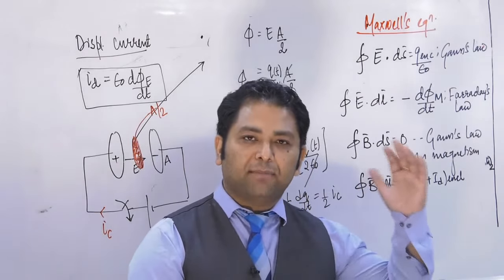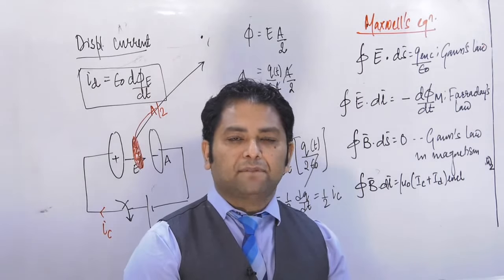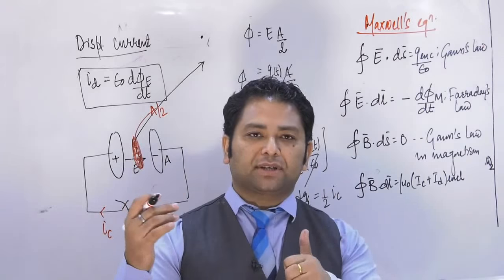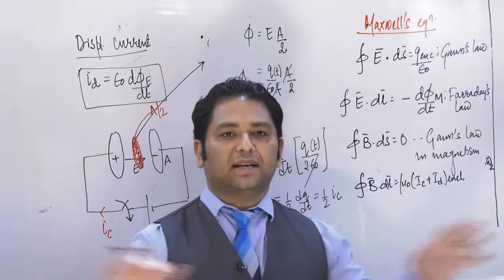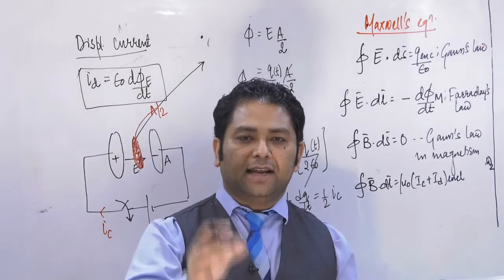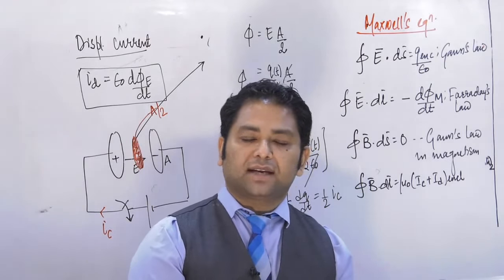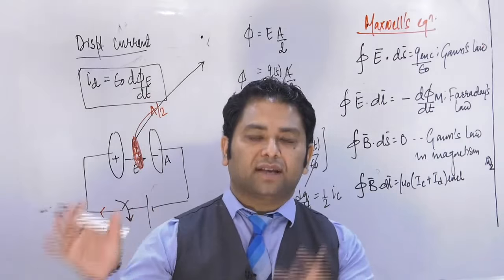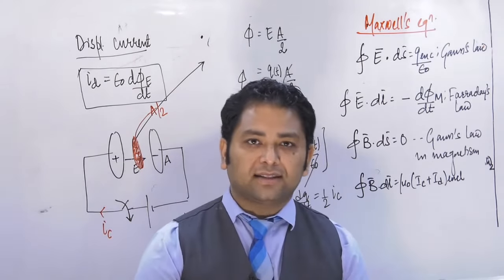The answer is no. And this is because in the previous chapter, wherever we used magnetism, there was no time varying electric field. There was only a current carrying conductor, and a current carrying conductor does not produce a time varying electric field. Forget about time varying electric field. A current carrying conductor doesn't produce an electric field either.